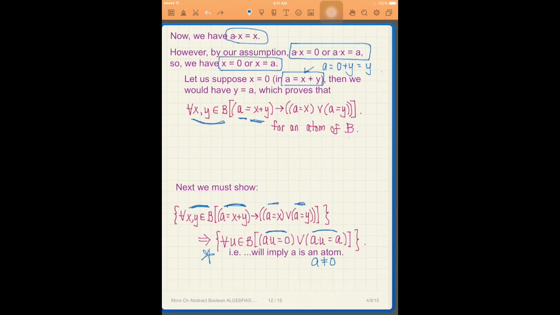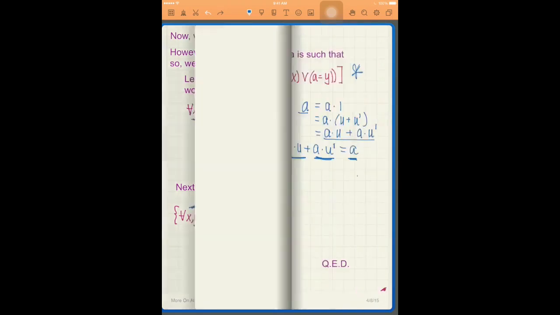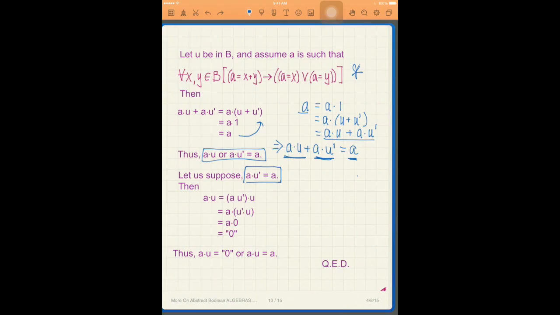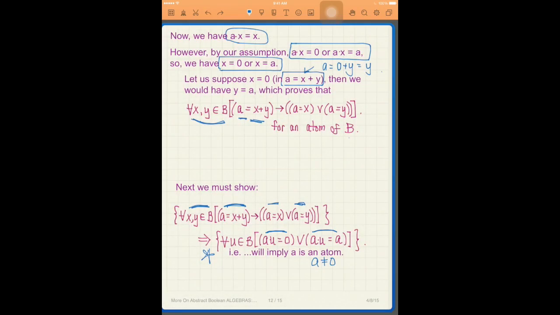I need to verify that A times U is 0 or A times U is A. So let's see what A times U is. So I have A times U. Now I'm going to replace this A with what I'm supposing. I'm supposing that A is equal to A times U complement, because we already know that we said A times U could be A. So that takes care of that statement.